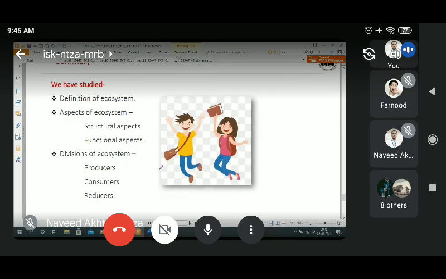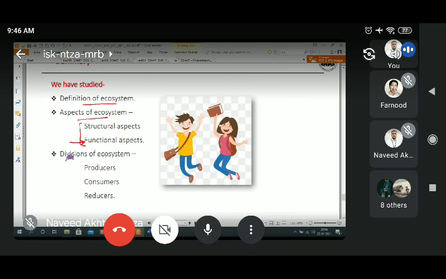So today we have studied these points: the definition of ecosystem. We have also seen the structural aspect of ecosystem, and mainly the functional aspect.